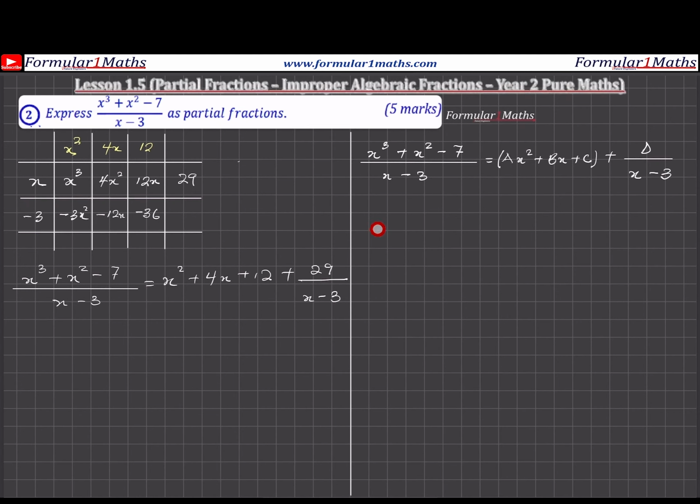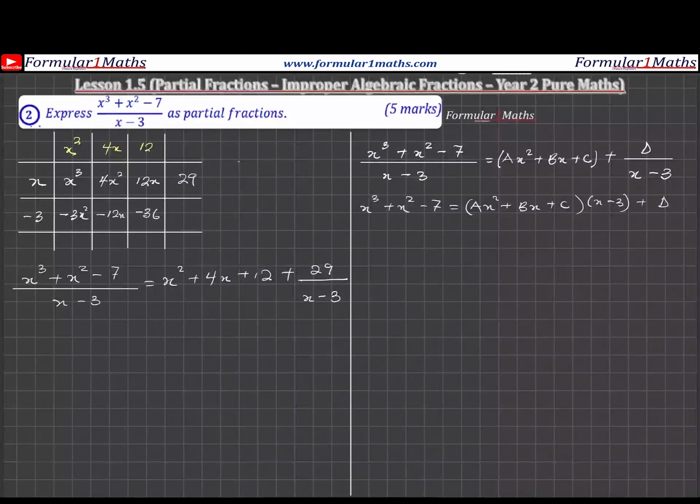So now I'm going to multiply each of the 3 terms, this one, that, and that, by the denominator on the left-hand side. If I do that, I'm going to get x cubed plus x squared minus 7 on the left-hand side equal to ax squared plus bx plus c, all of that times x minus 3, plus d.